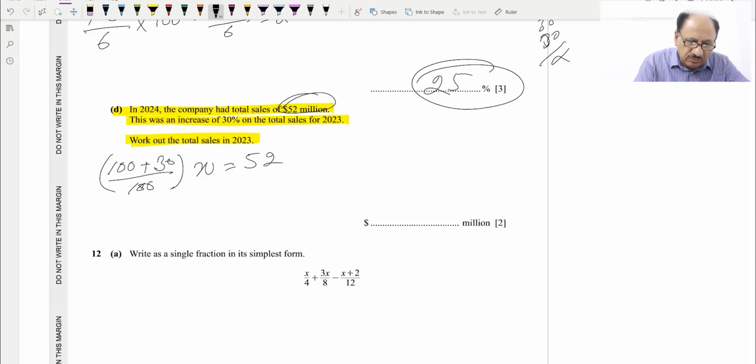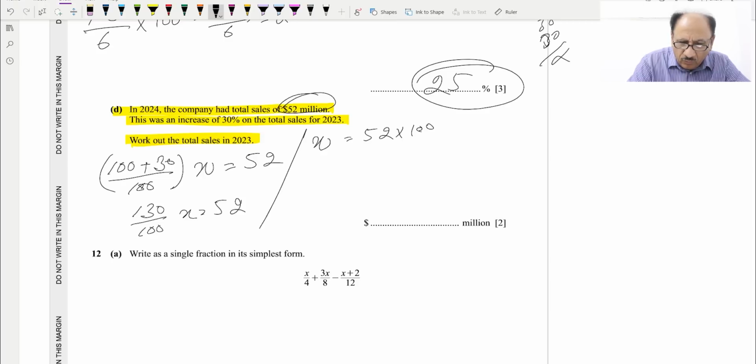Now we can simplify. This will be 130 over 100. X is equal to 52, and we can write X is equal to 52 into 100 over 130, and 0 will be cancelled like this one, and now we can divide this.